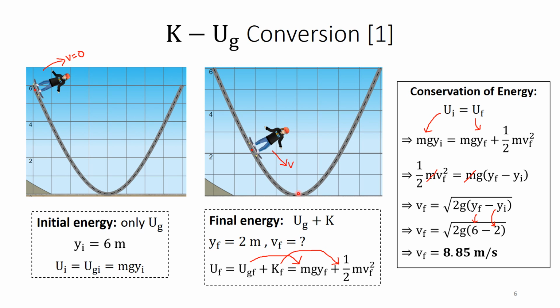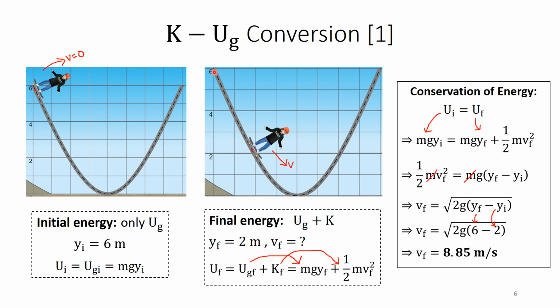Okay, all right. So this is an example where you can find the speed using conservation of energy. So notice that we don't know what the shape of the track is. Okay, it can be a parabola, it can be some other shape, but it doesn't matter. All we need to know is the initial state and the final state. Okay, so it doesn't matter how he got there as long as there is no external work done.